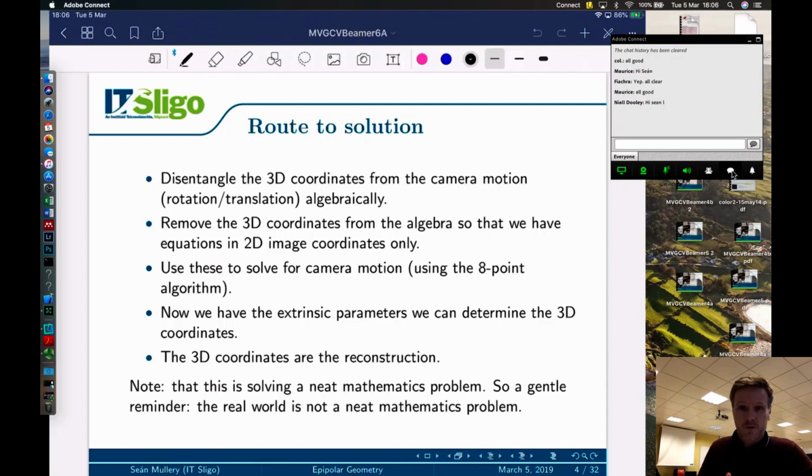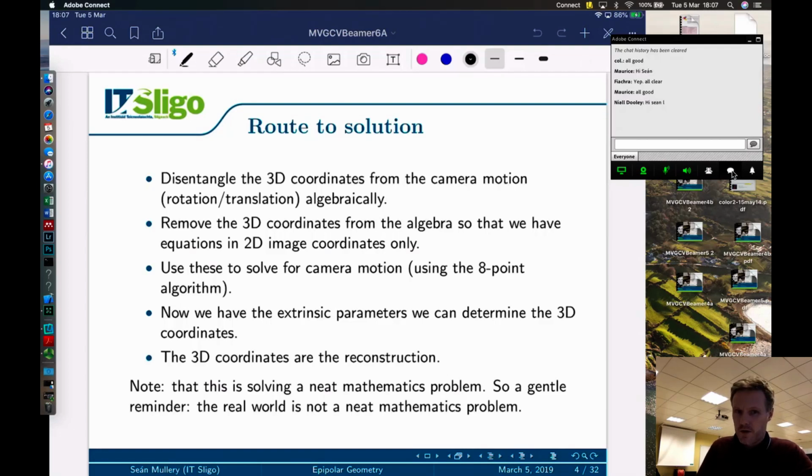Then we want to remove one of these, and generally our way of doing it is to remove the 3D coordinates from the algebra so that we have equations in 2D image coordinates only. Very much like when you're dealing with simultaneous equations and you eliminate one of the variables, we're going to try and eliminate one of the problems that we don't know the answer to.